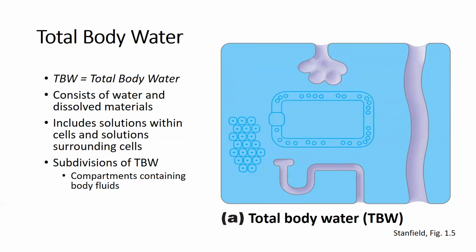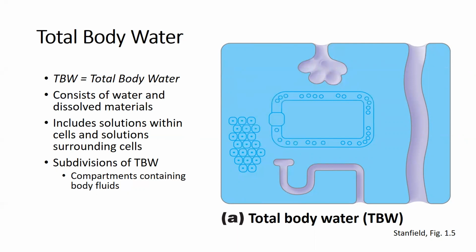Right? This consists of water and any of the dissolved materials that are in that water, including the fluid inside of cells, which we call the cytoplasm, the fluid around cells, and then the fluid inside our vessels. Okay, so all the fluid is lumped into this large compartment called the total body water.